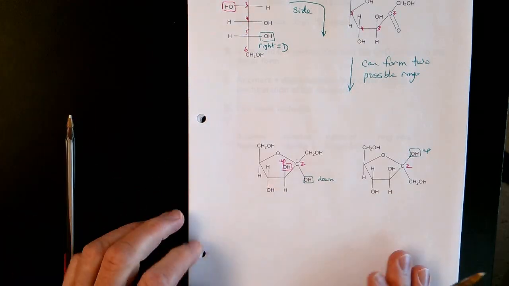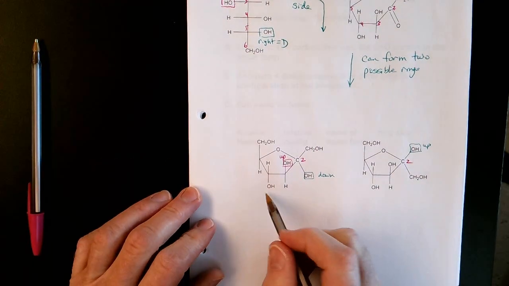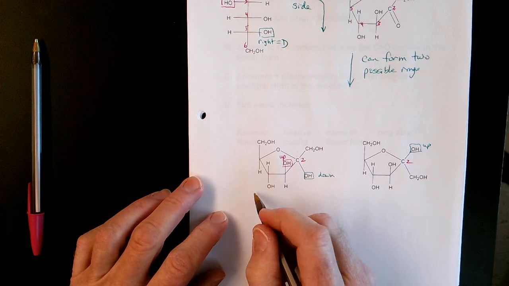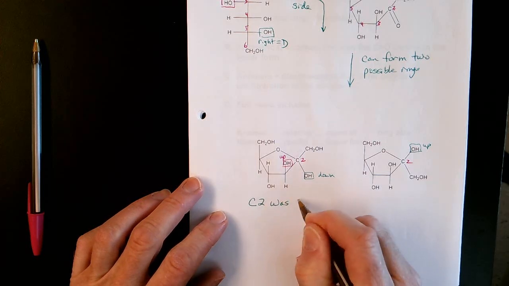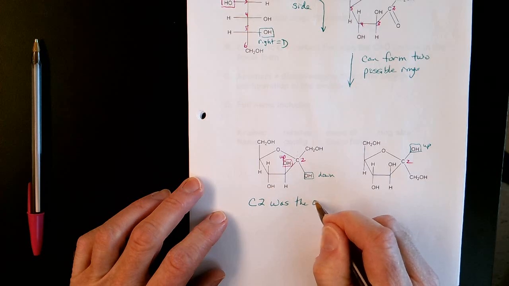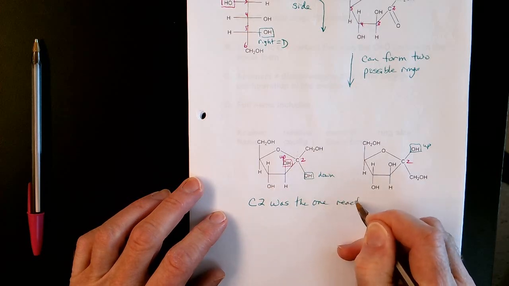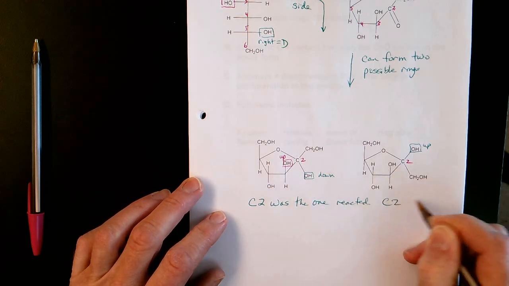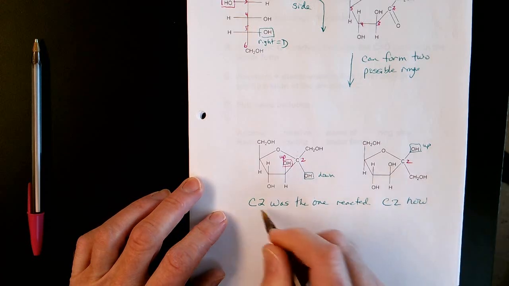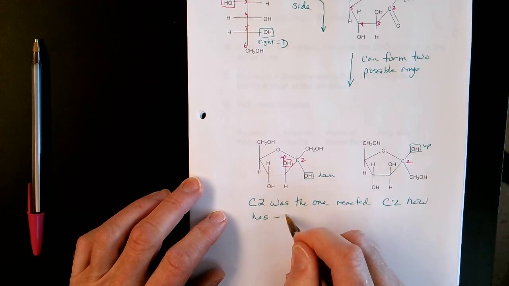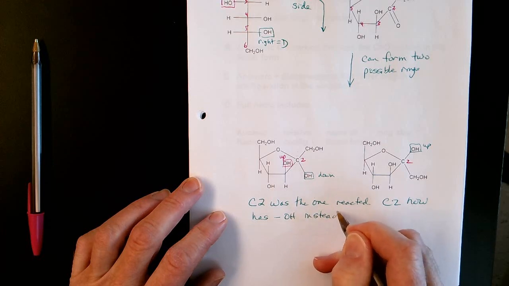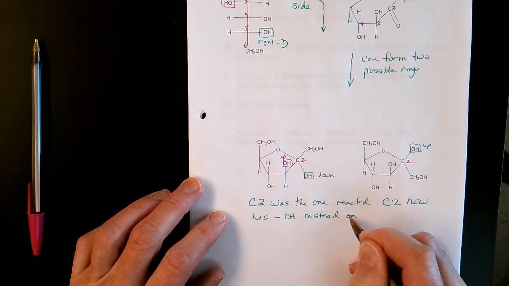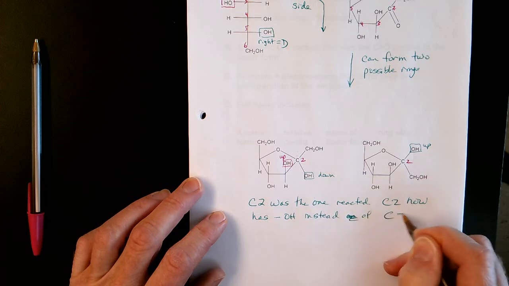Okay, and the big difference right here, I think you can see this, but let's add this. Carbon 2 in this version was the one that reacted. Carbon 2 now has an OH. What it used to have was a carbonyl.